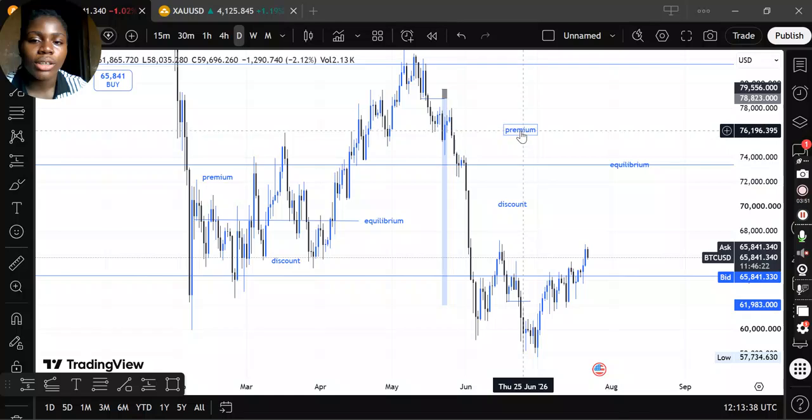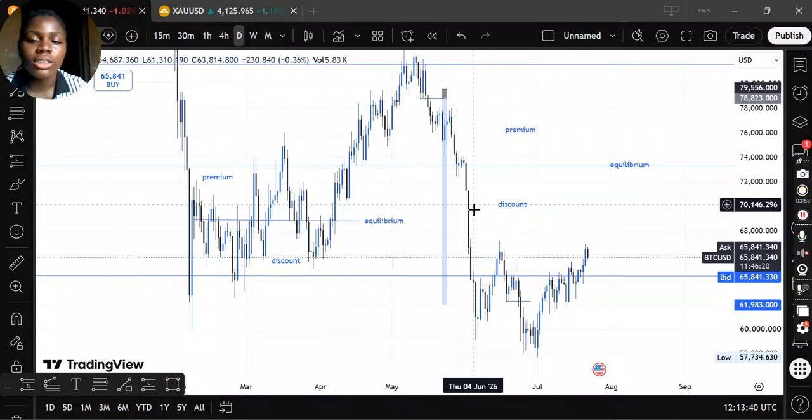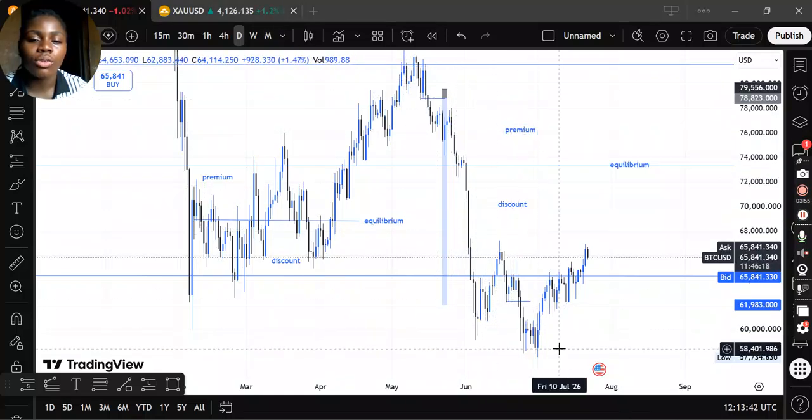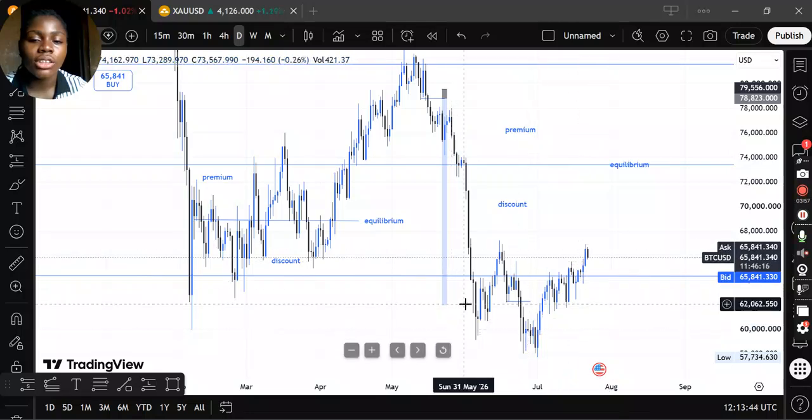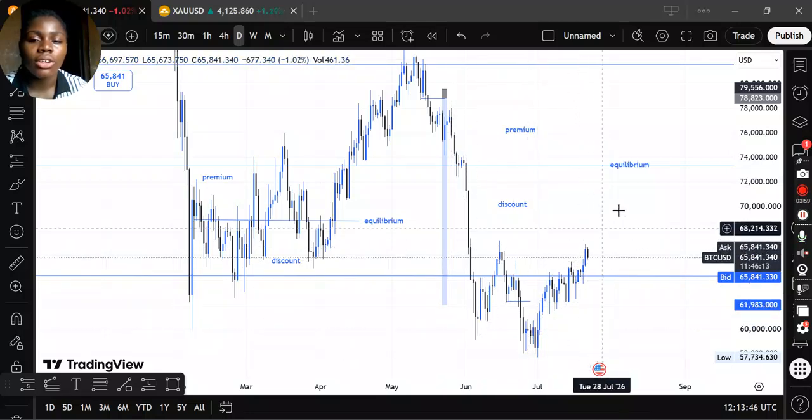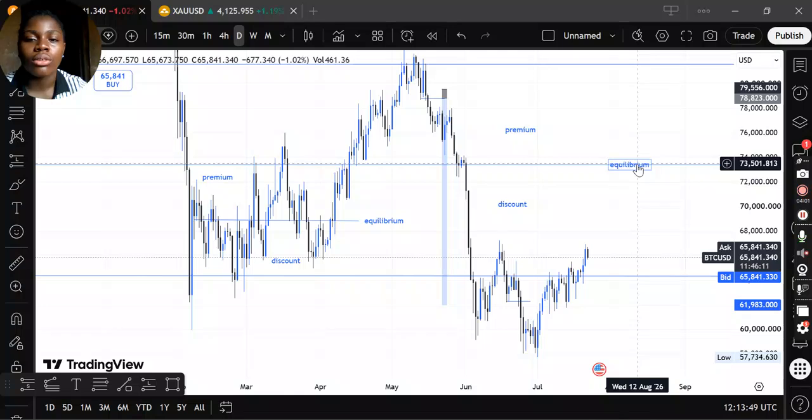So from this level, price sells into the discount area, and then we can start to look for buys, which are the little buys you see here. And the equilibrium level, as I said, I wouldn't even recommend you do anything with it. It just exists. Nothing really happens there. Just stay off it.